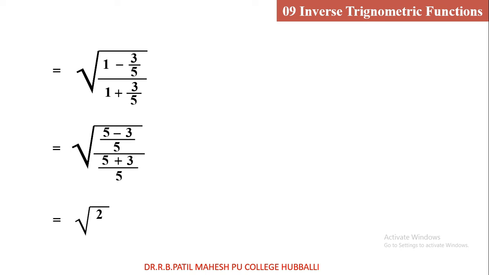So root of (5 minus 3 is 2) divided by (5 plus 3 is 8). So this can be written as root of 2 upon 8. Finally 2 1s are 2, 2 4s are 8, so 1 divided by root 4. So 1 by root 4 is nothing but 1 by 2, which is the final answer for the expression.